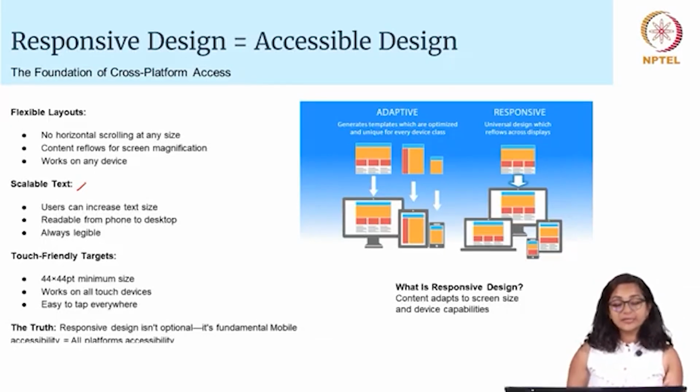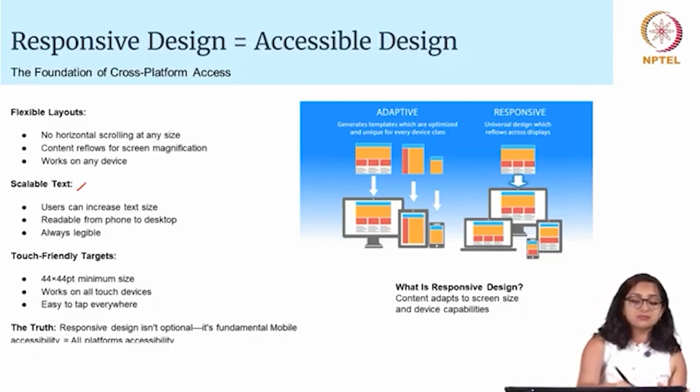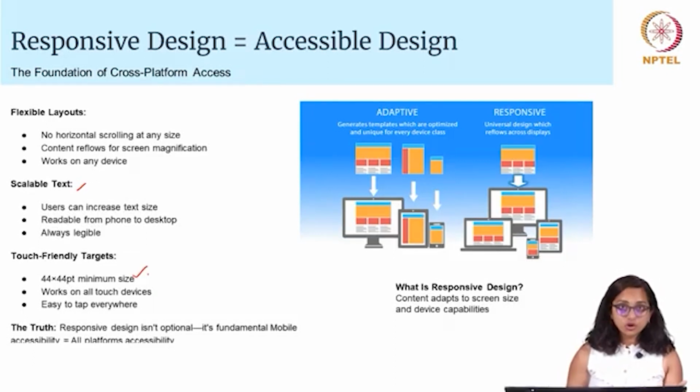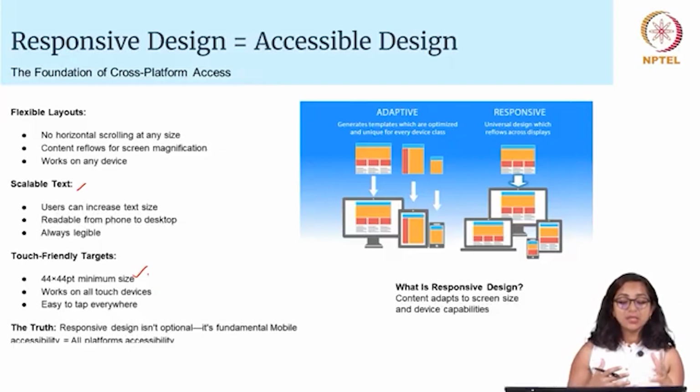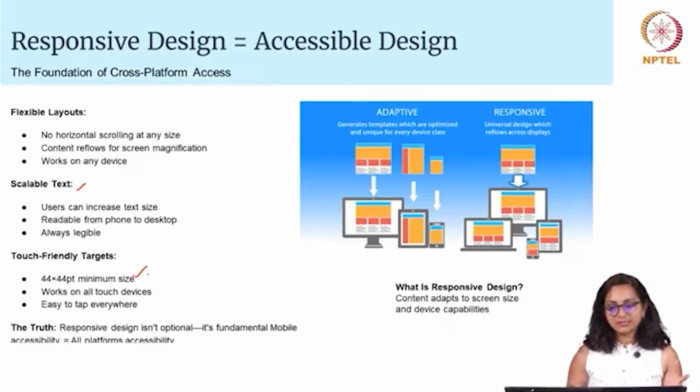Touch friendly targets, so minimum size you have ensured 44 by 44 point, works on all touch devices, easy to tap everywhere. So the truth is responsive design isn't really optional, it's fundamental mobile accessibility, and it also ensures all platforms accessibility.